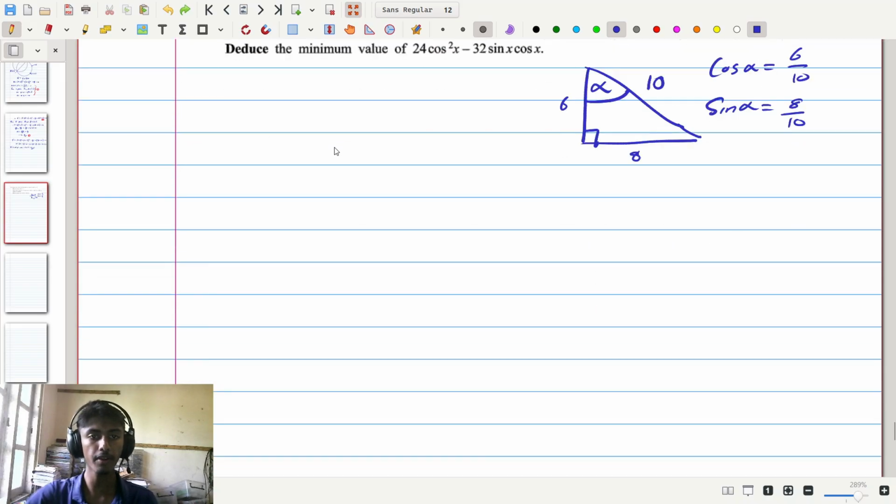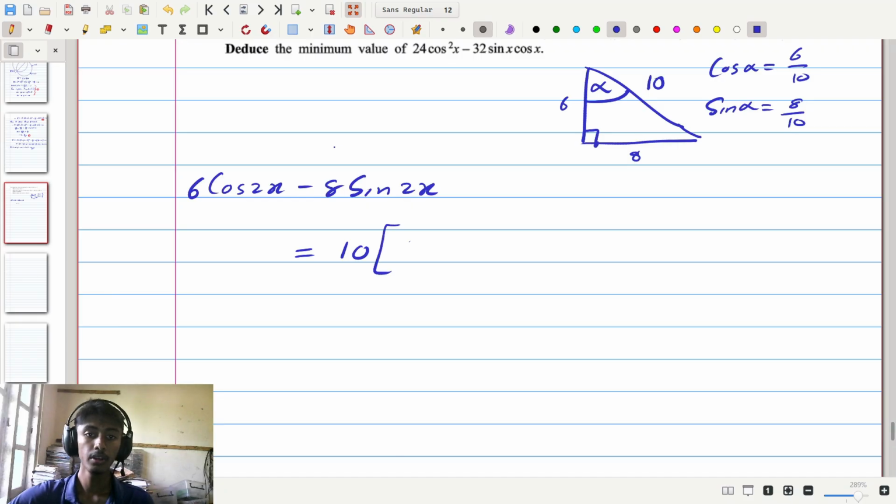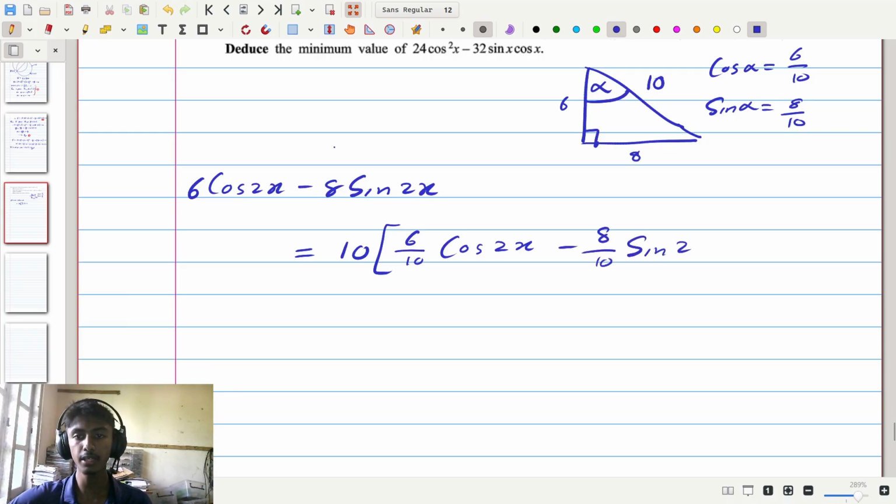So if I go down, I can write 6 times cosine of 2x minus 8 times sine of 2x, and what I can do is divide and multiply by 10 and say this is equal to 10 times 6 divided by 10 times cosine of 2x minus 8 divided by 10 times the sine of 2x.